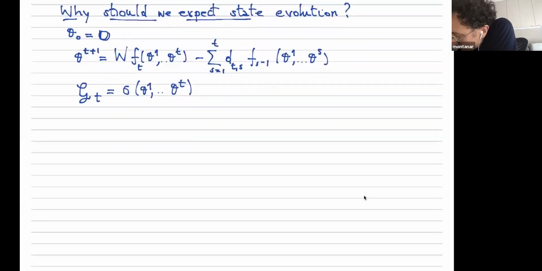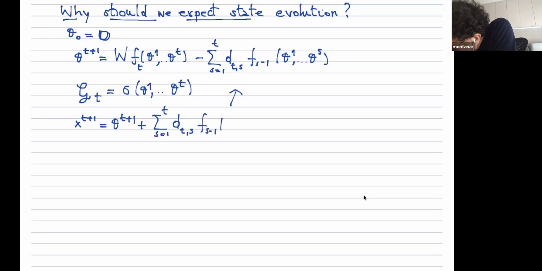Notice that I can write this equation. Let me define x_{t+1} as theta_{t+1} plus whatever is on this side, plus the sum over s from 1 to t of d_{ts} f_{s-1}(theta_1, ..., theta_{s-1}).